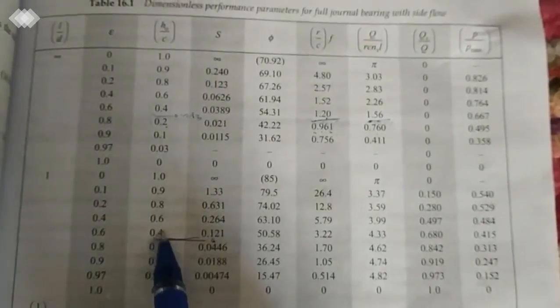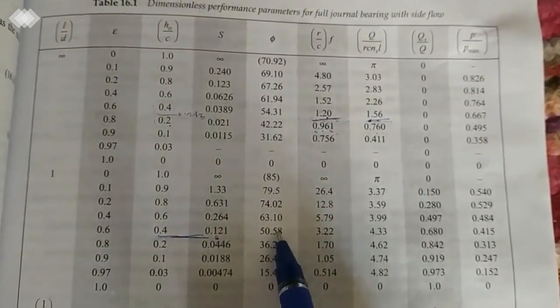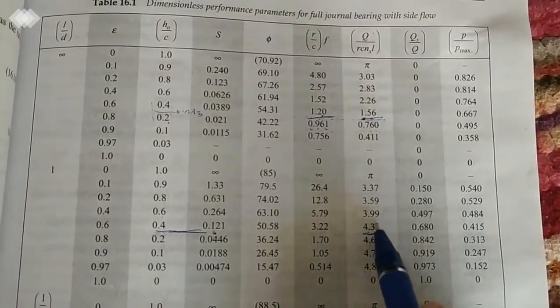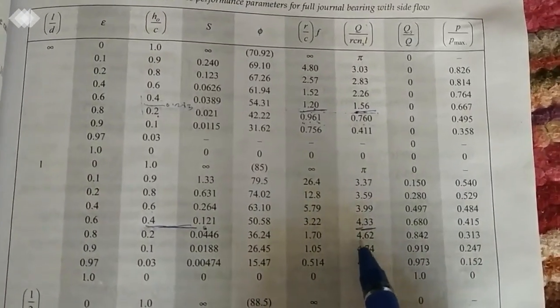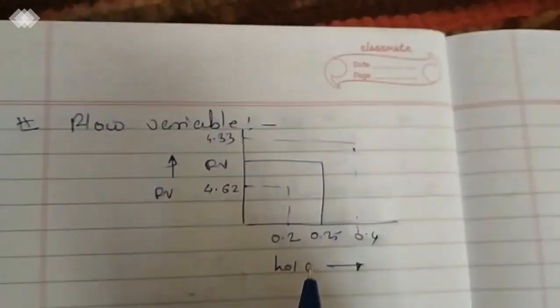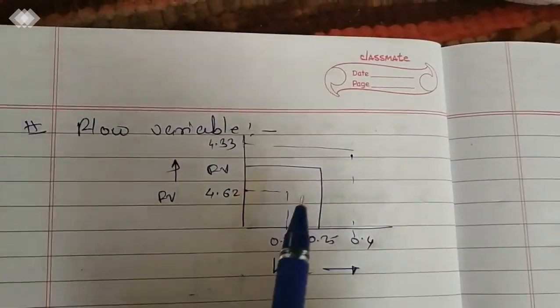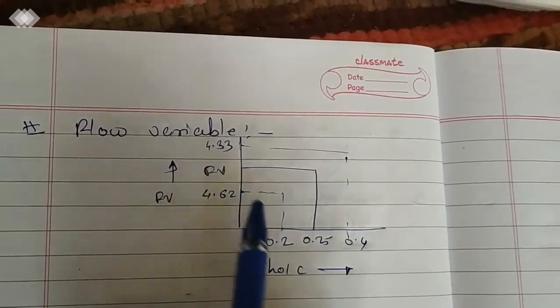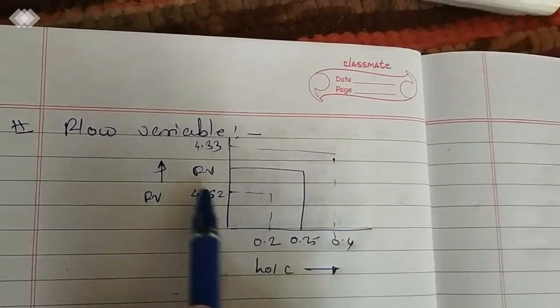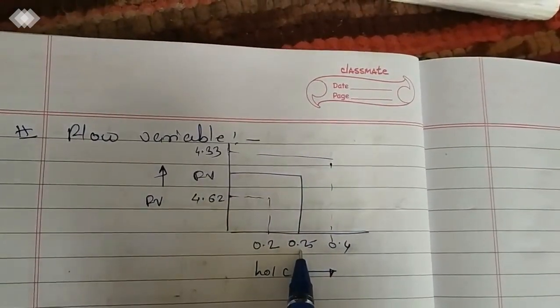Here we have H upon C, then the flow variable is over here. So we want the flow variable in between that. The lower limit is 4.33, upper limit is 4.62. Here I have taken the values for flow variable versus H upon C. So we want to calculate the flow variable for this middle value.